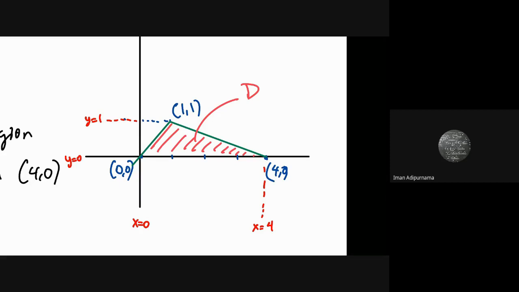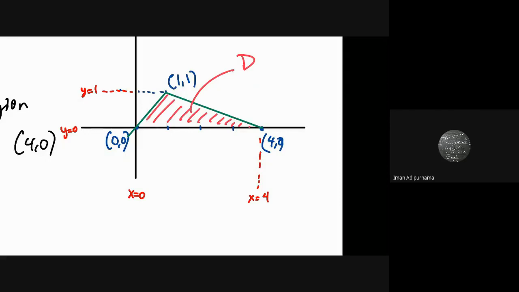If you choose x, this is what will happen. You need to take this until here, and you have these two y equations, and you also need the second region here. So this is the first, this is the second, and you need to combine both of them.